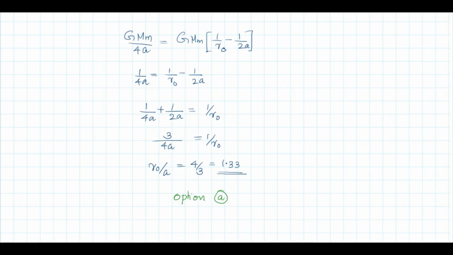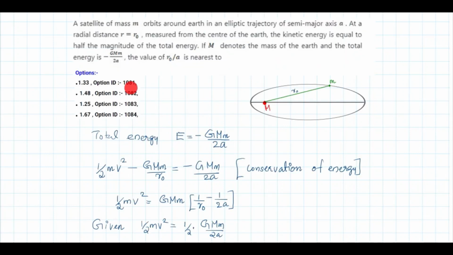So 1 by 4a equals 1 by Rho minus 1 by 2a. Taking 1 by 2a to the left hand side, 3 by 4a equals 1 by Rho. Rho by a equals 4 by 3. It is 1.33. This is the correct option, option A.